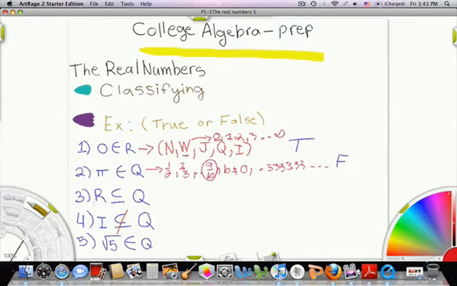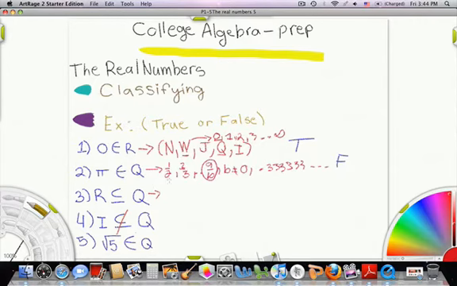So I could find all these numbers in R in here, in rational numbers. And as we recall from above, real numbers include natural numbers, whole numbers, integers, rational numbers, and irrational numbers. And it's saying that all these numbers are included in rational numbers. So is this statement true or false is what we're trying to figure out.